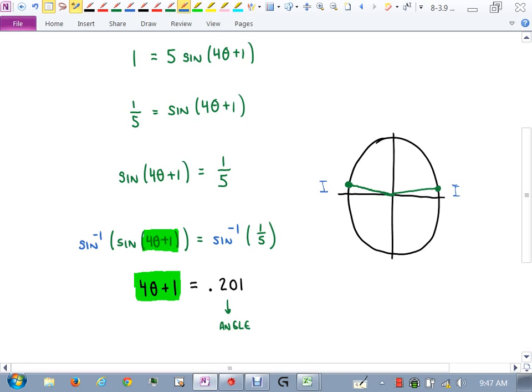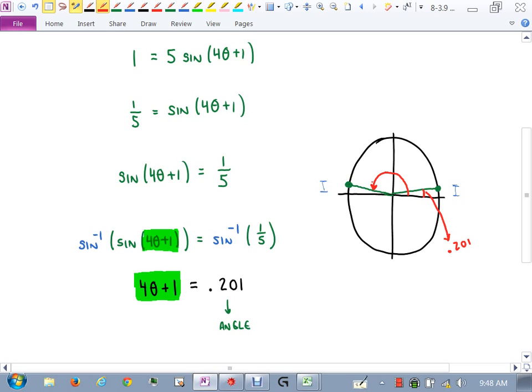Okay, so what is that angle? This is the tricky part. We know, well, it's all tricky, I guess. We know the angle is 0.201, right? 0.201. That's that angle right there. So my question to you is, what is the angle that starts here and gets you all the way over here to there? 168.4.